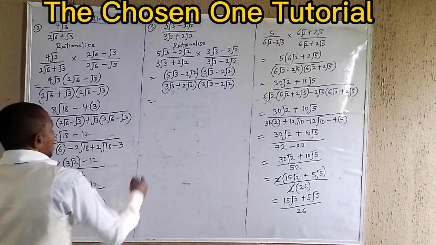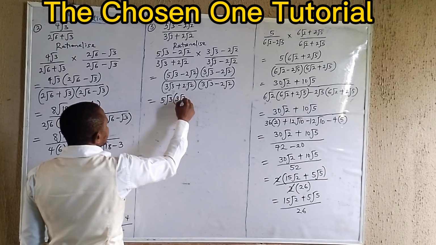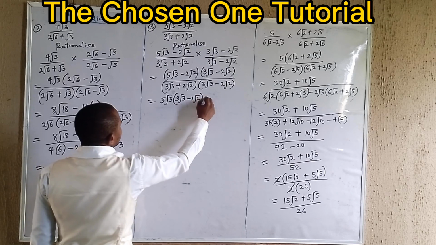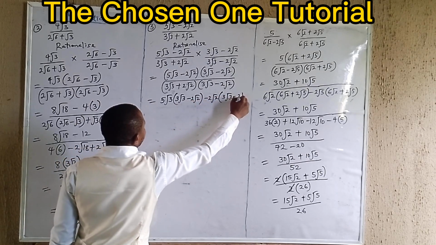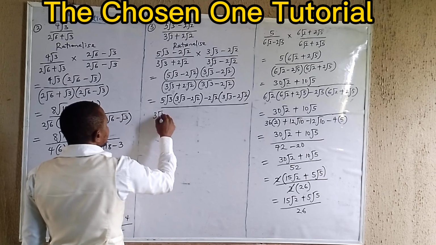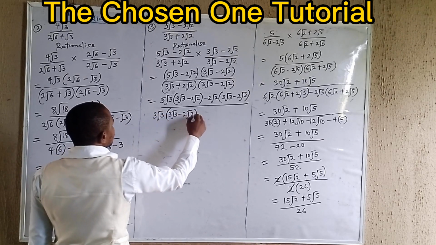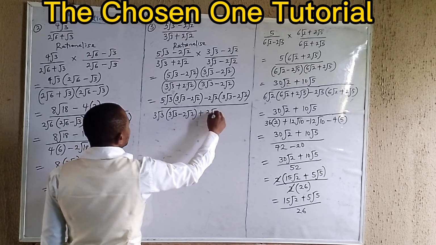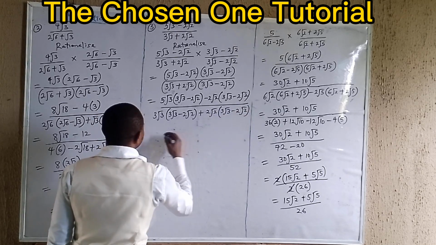Then we have 5 root 3 in bracket of 3 root 3 minus 2 root 2 minus 2 root 2 in bracket of 3 root 3 minus 2 root 2 over 3 root 3 in bracket of 3 root 3 minus 2 root 2 plus 2 root 2 in bracket of 3 root 3 minus 2 root 2.